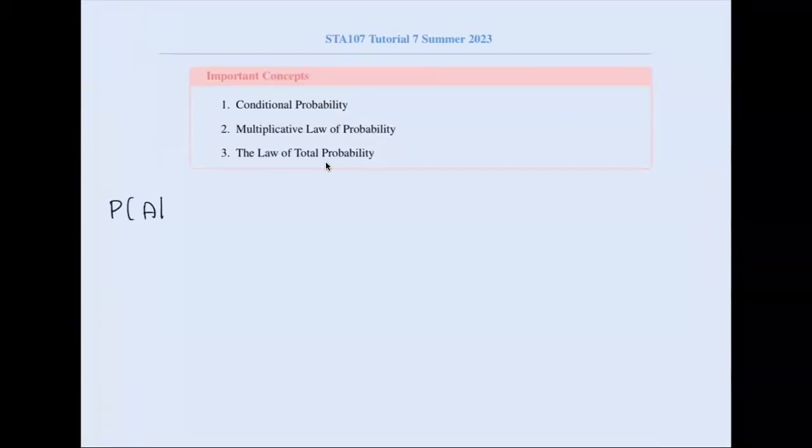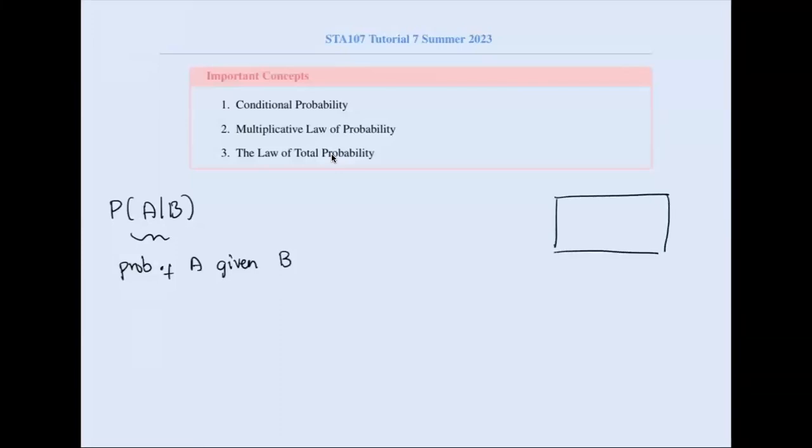Let's say probability of A given B. It means that you know B happens, the event B happens, then what is the probability that the event A also happens? If we look at the Venn diagram, let's say this is event A and this is event B, and the rectangle is our whole sample space.